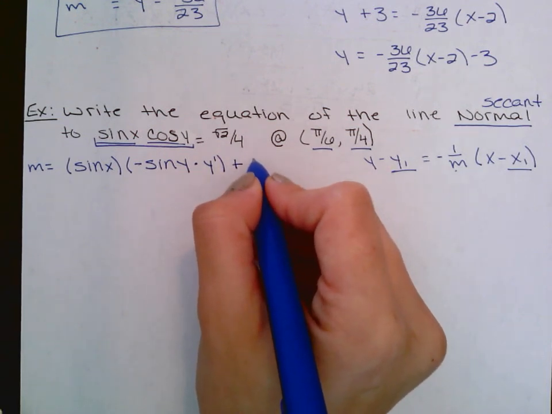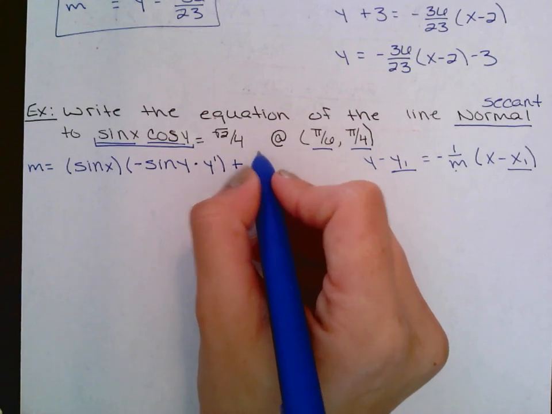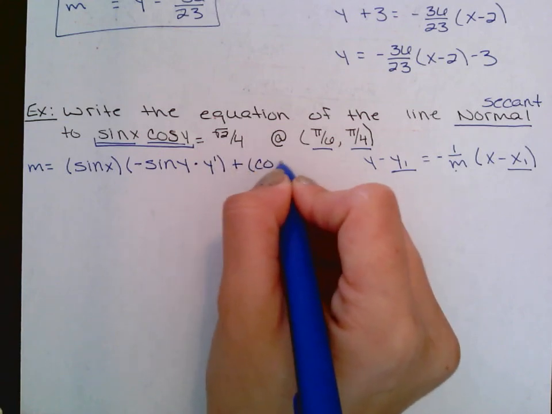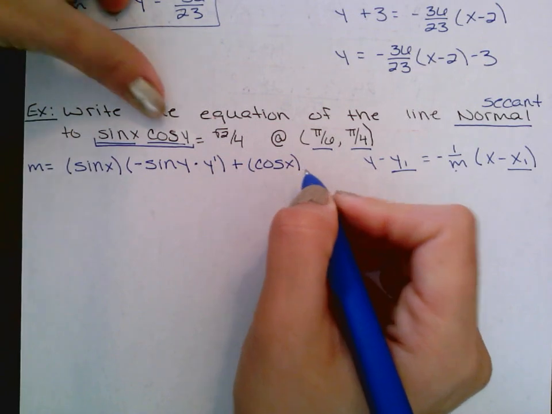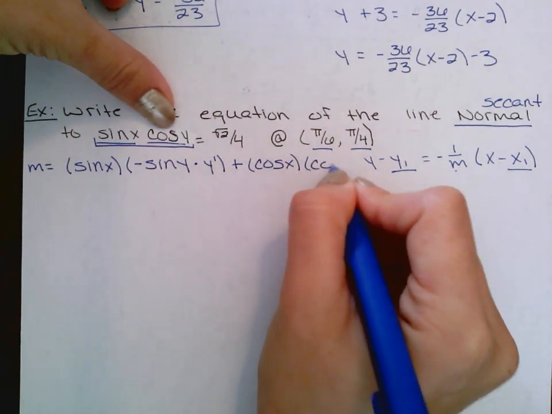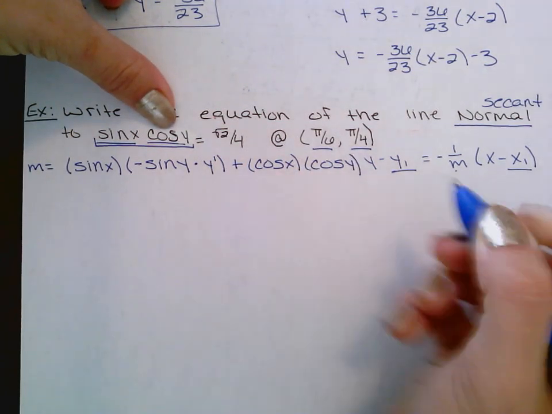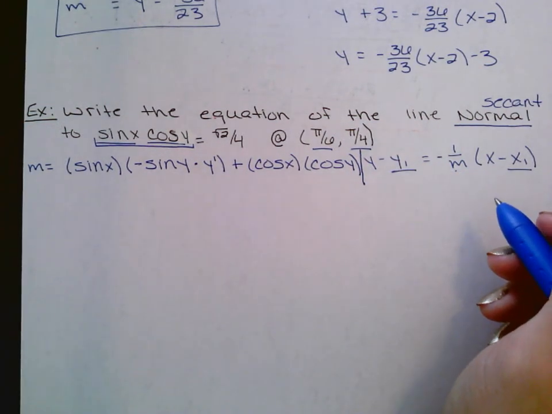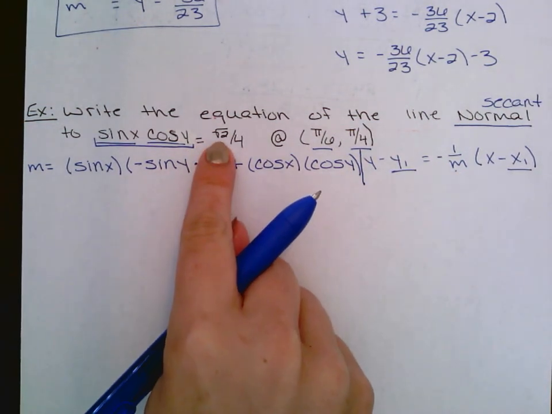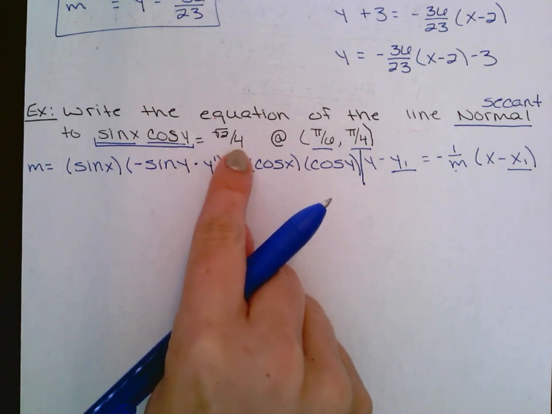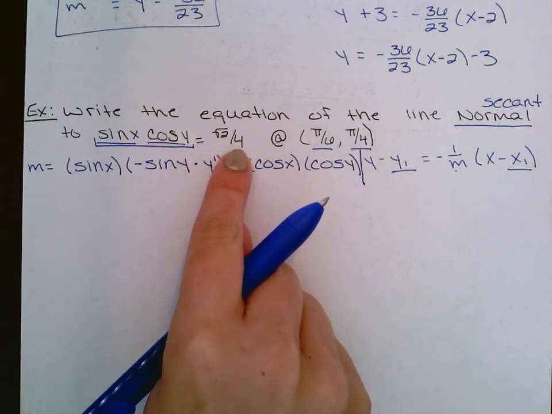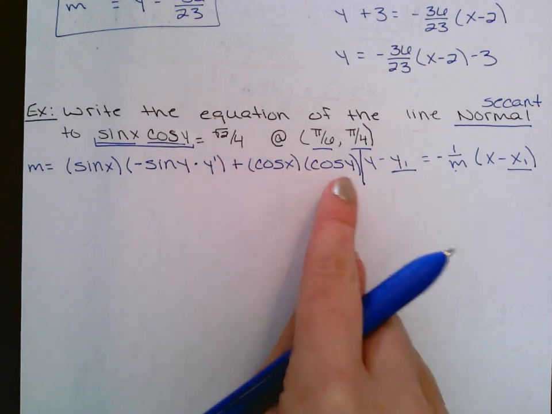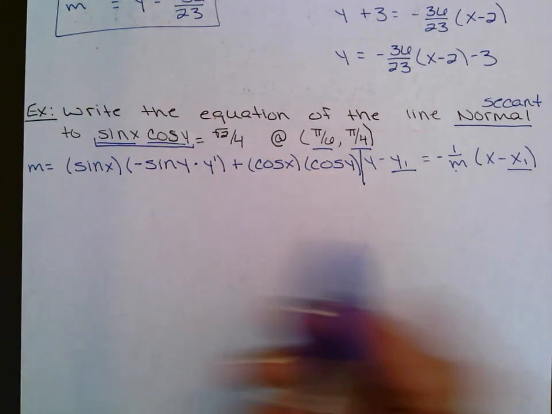Derivative of sine is cosine of x. And then rewrite the second. And then equals radical 2 over 4, that is a constant, so derivative of a constant is just 0. So this is just going to be equal to 0.